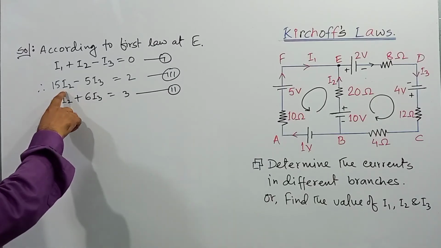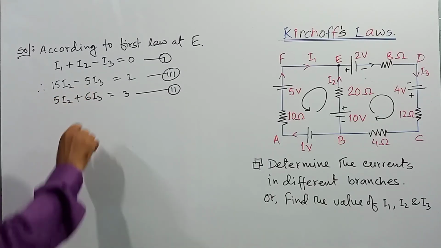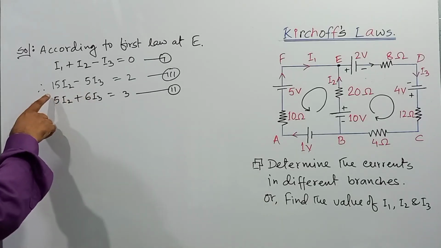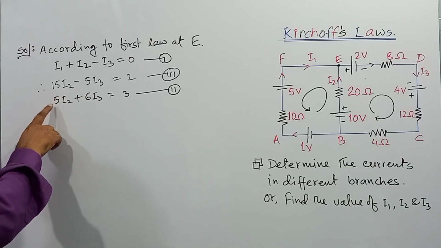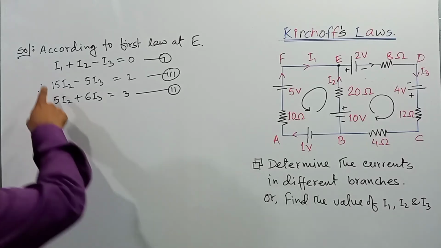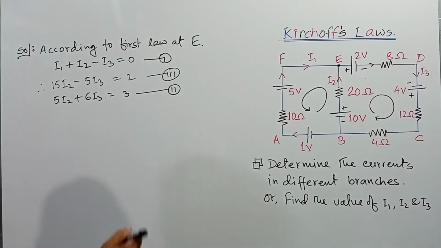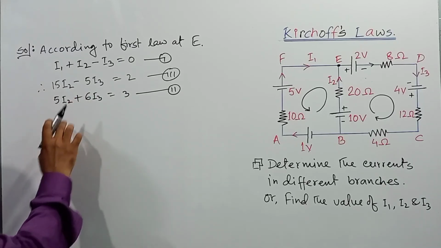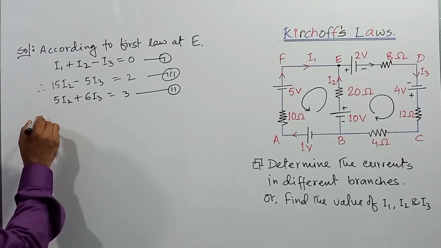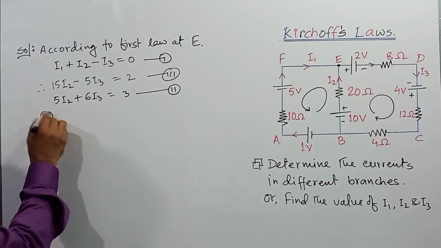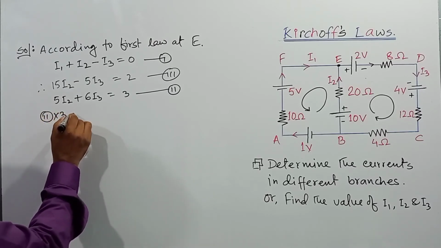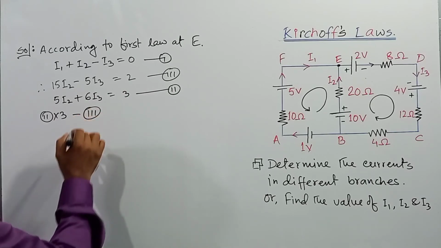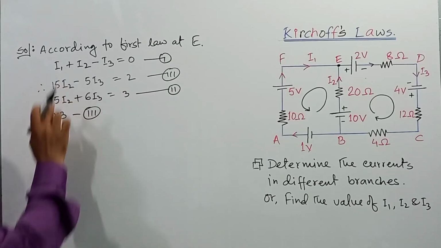There are 2 variables, I2 and I3, in both equations. To make the coefficient of I2 equal in these 2 equations, if we multiply equation 2 by 3, then the coefficient will be equal. So we will be able to eliminate one of the variables. So multiplying equation 2 by 3, then we subtract equation 3 from the product.